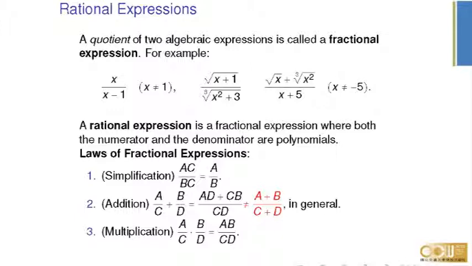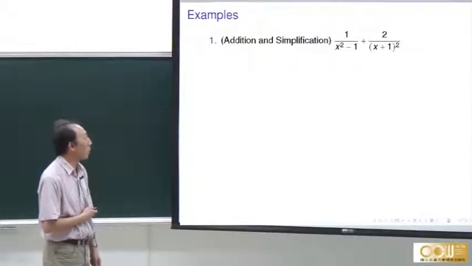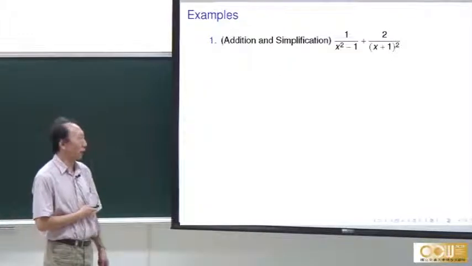Fractional expression laws: for multiplication, we can multiply the numerators and multiply the denominators together to get the product of two fractional expressions. But for additions, we have to do something about the denominator before we do the addition. And here are some examples about addition and simplification.